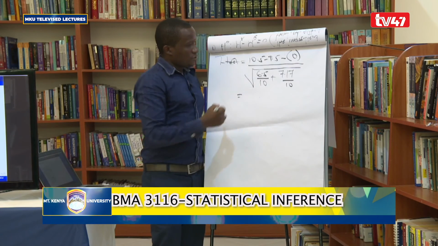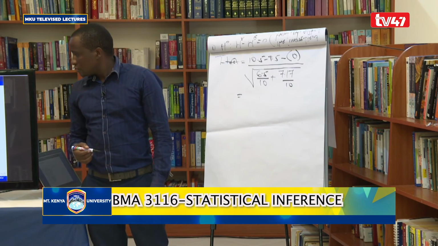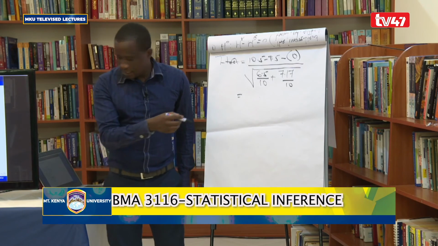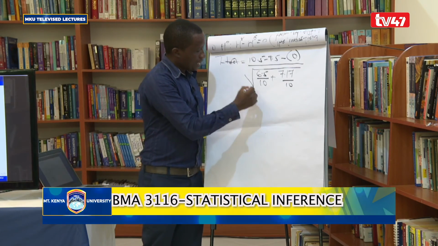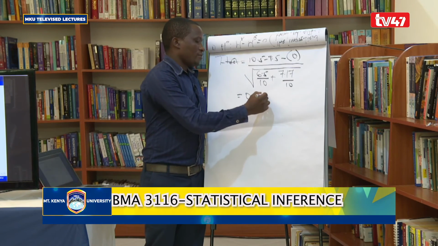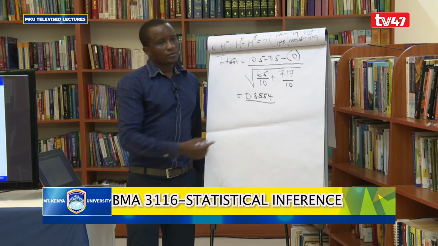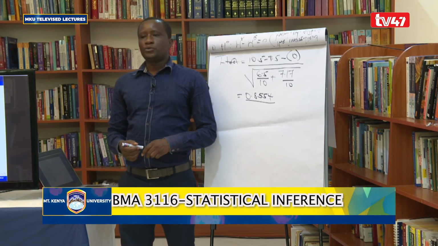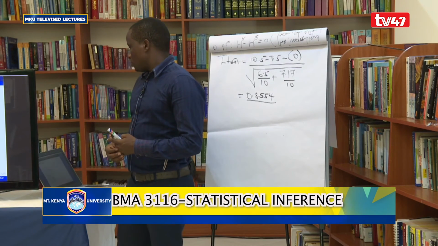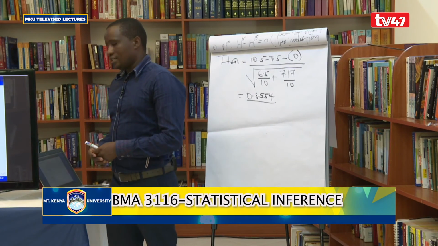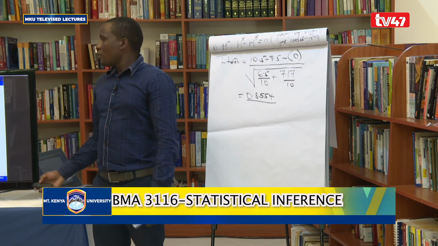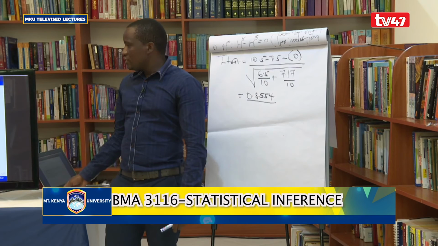So solving this expression gives us the t statistic as 0.8554. Then we need to go to the student's t distribution table, which is tabulated and available online, with the equivalent degrees of freedom.